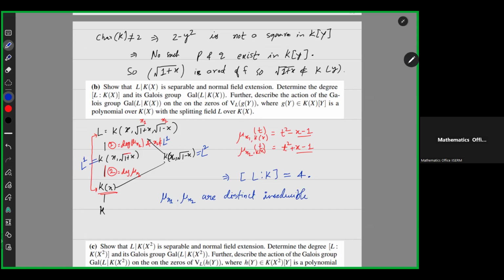Yeah, separable. We are assuming that characteristic is not equal to 2, and maybe characteristic 0. Yeah, characteristic not equal to 2 is enough, because +1 and -1 in that case are different. So they are irreducible and separable.